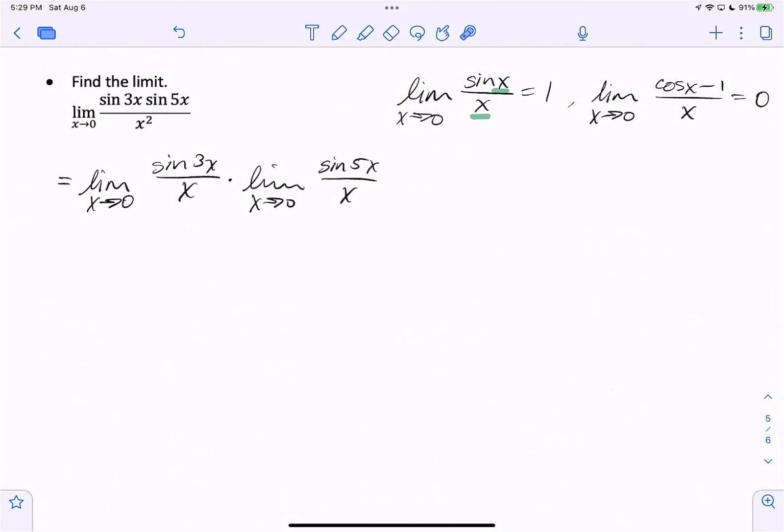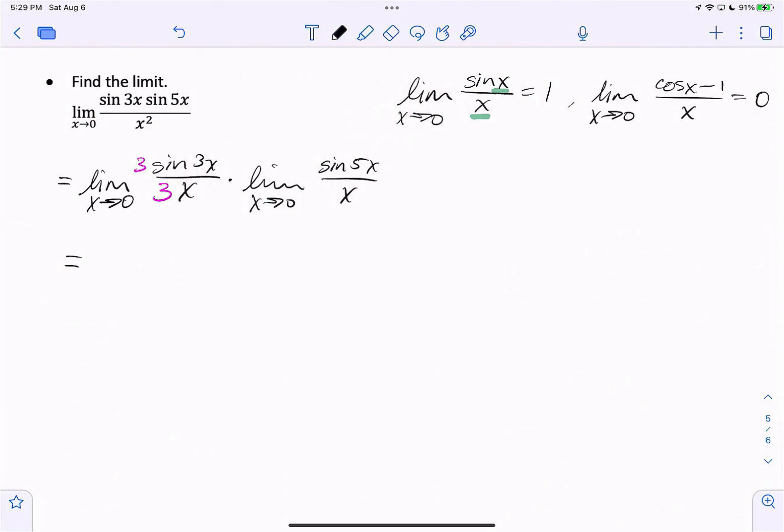Now these are starting to look like this over here, but not quite, because in the sine of 3x over x, the argument of the sine function doesn't match the denominator. Likewise for the sine of 5x over x. But I can fix that by multiplying by a constant. For the sine of 3x over x, I can multiply the numerator and denominator by 3.